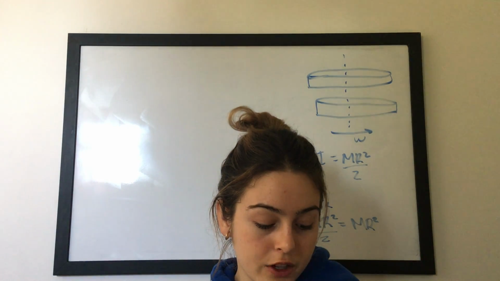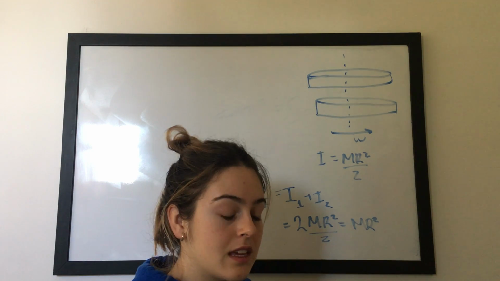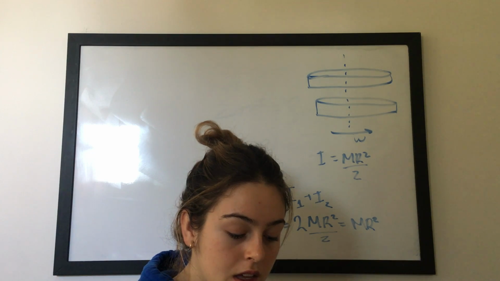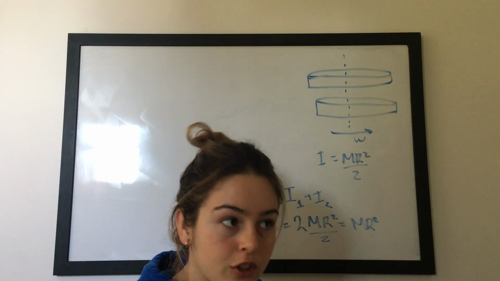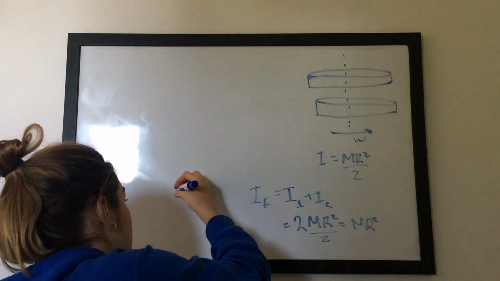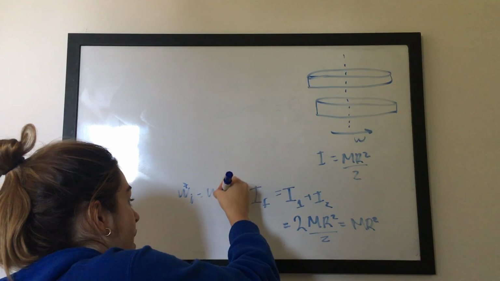We also know that the angular velocity will be conserved for both. So ω initial is going to be equal to ω final.